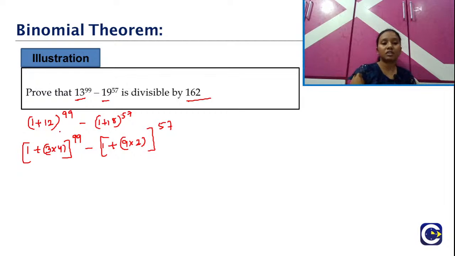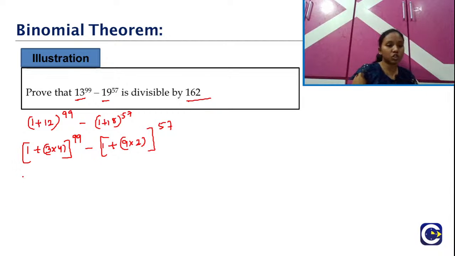But 162 is not divisible by 12, and in the same way 162 is not divisible by 18. But this 12 can be split and written as 3 into 4, as well as 18 can be split and written as 9 into 2, where 162 is divisible by 3 as well as by 9. So now we'll use our expansion for these 2 terms.